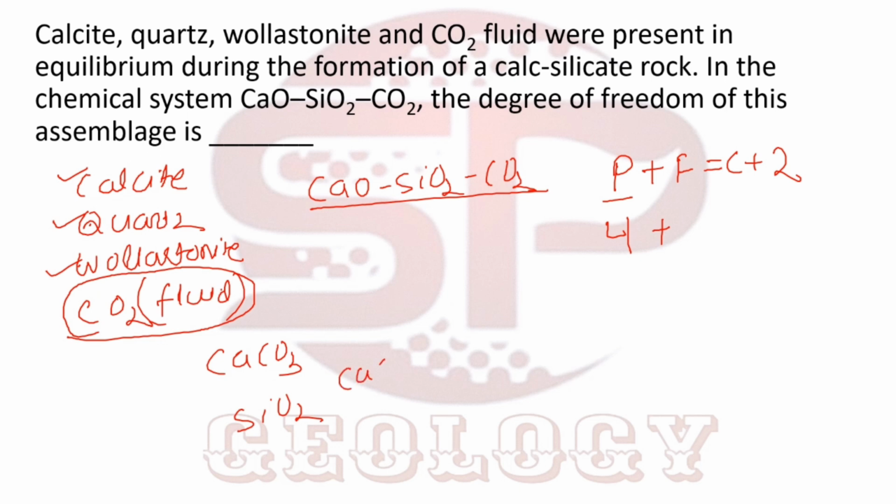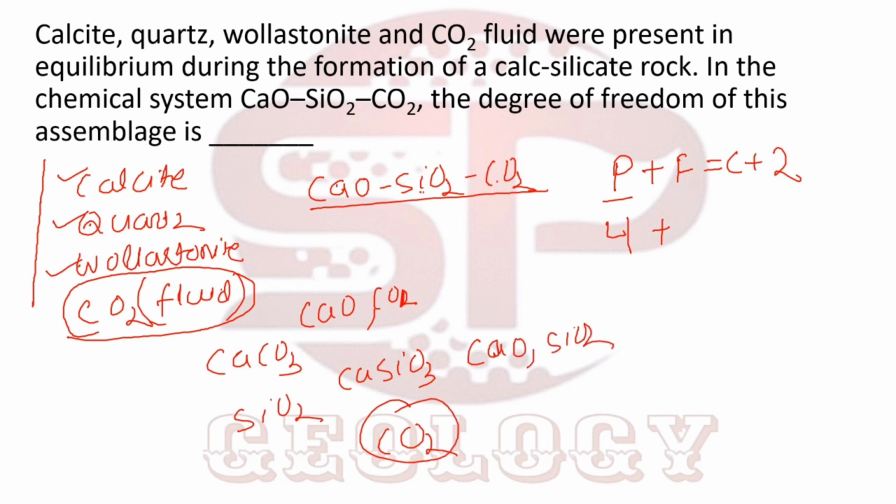Wollastonite we have CaSiO3. So these three chemical species, CaO, SiO2 and CO2, are sufficient to define all the compositions: CaCO3 has CaO and CO2, SiO2 has SiO2, CaSiO3 also has CaO and SiO2.